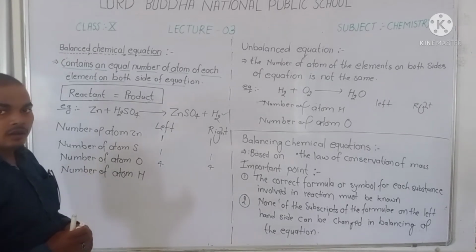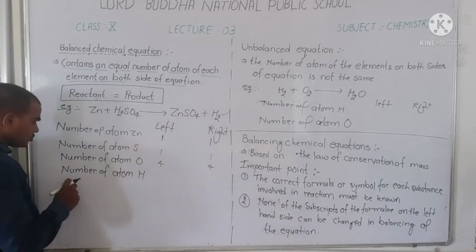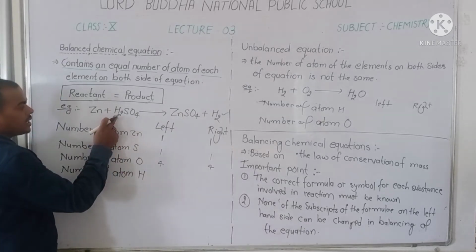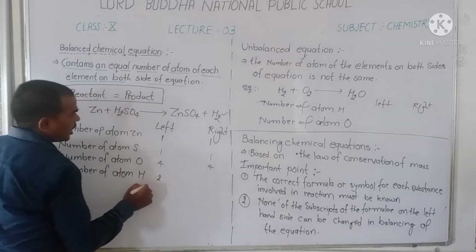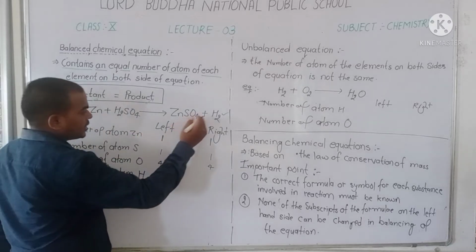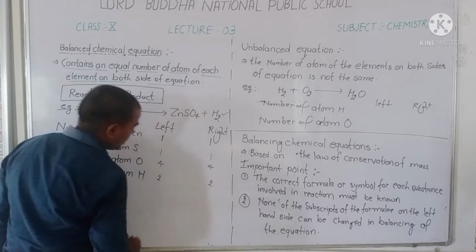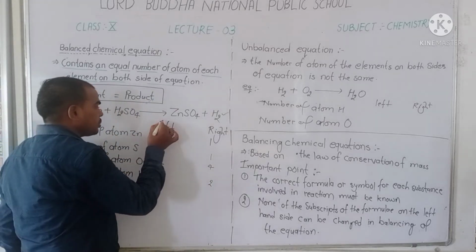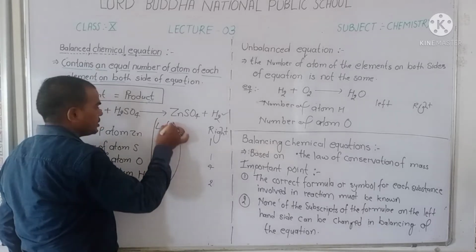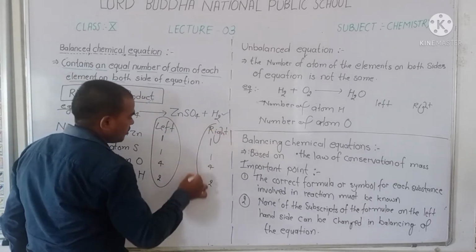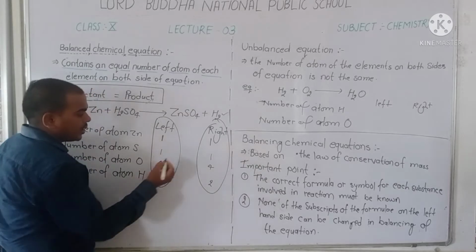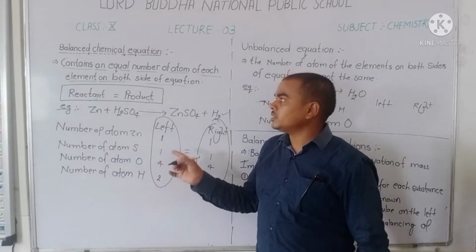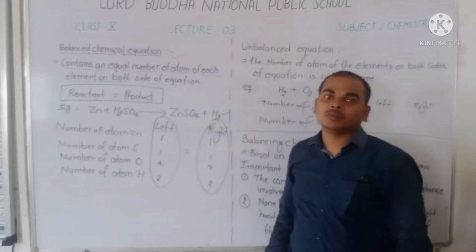The number of hydrogen atoms on the left-hand side is 2 and on the right-hand side is 2. Here we observe that the number of atoms on the left-hand side and right-hand side are equal. That means this equation is a balanced equation.